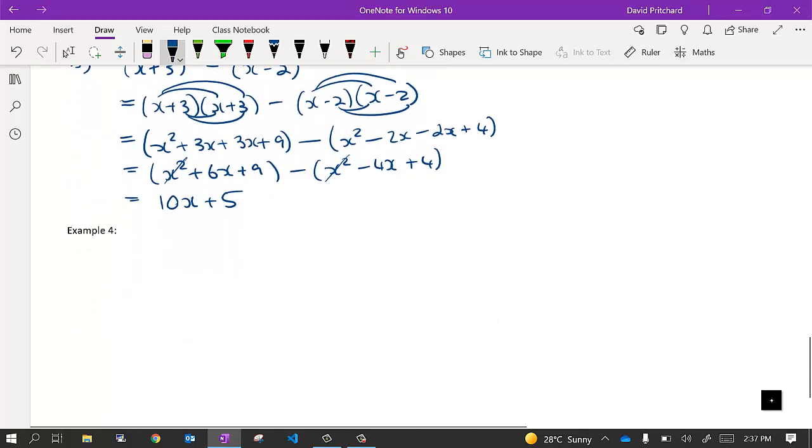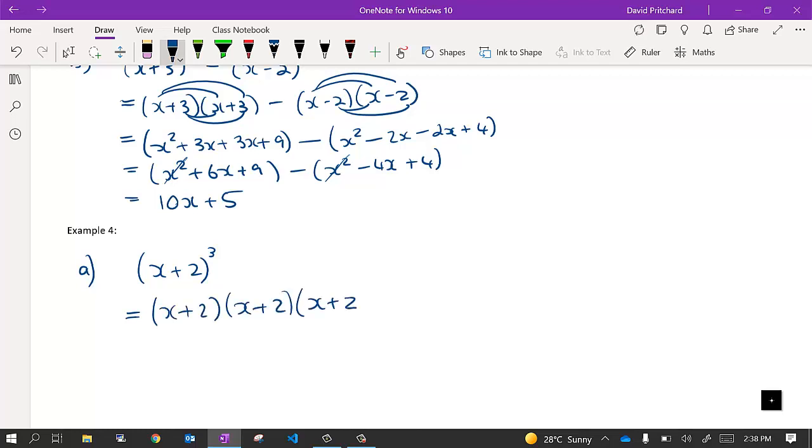Now our last example, we'll just do one. We're going to look at x plus 2 cubed. Now the reality here is that cubed means we're multiplying x plus 2 by itself 3 times. And as we discussed before, that means that what we want to do is multiply 2 of them first, and then when we get that answer, we can multiply it by the third.